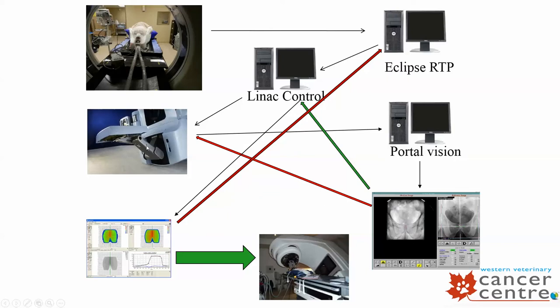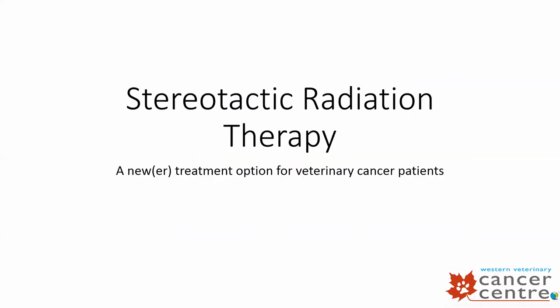If either the portal images don't agree or the fluence map doesn't agree, then we get kicked back to an earlier stage in the workflow, because we can't treat those patients until we're positive that the dose we're delivering, or the dose that we think we're delivering, is actually the dose being delivered, and we have to be sure that the positioning is right before we start to treat a patient with radiation therapy.